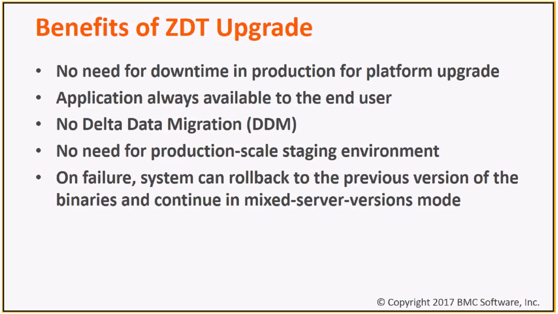And as I said, database changes are always additive. So all your other servers which are not yet upgraded, plus if at all there is a failed server which got rolled back to a previous version, they will still continue to seamlessly function. And the operations may continue in the mixed server version mode. So these are some of the important benefits.